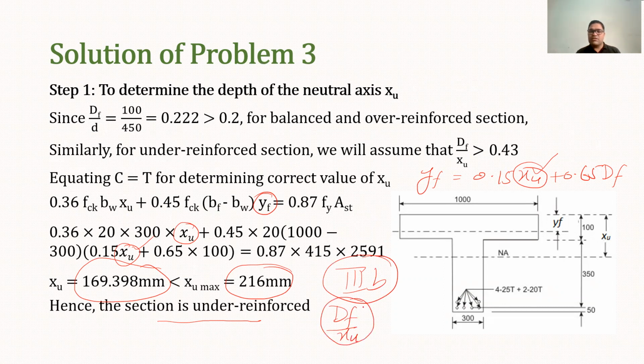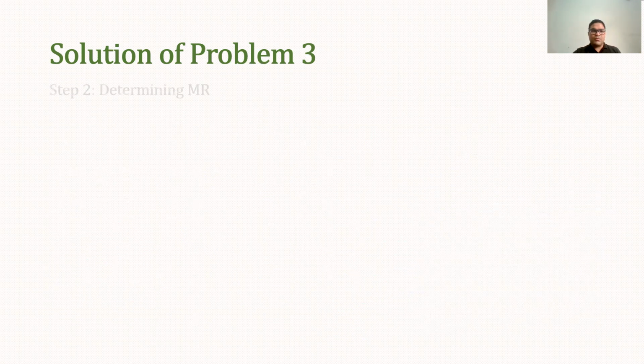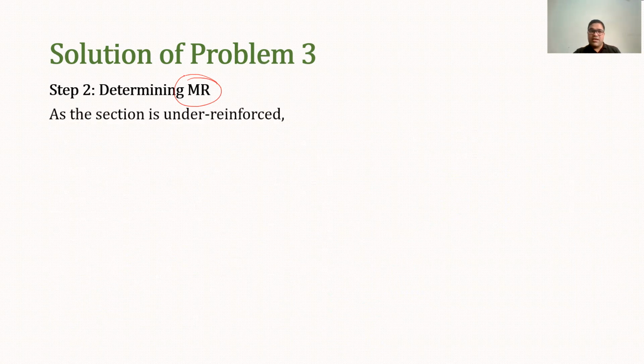Because initially we have assumed that, now we will actually find out the DF by XU ratio because the value of XU is known here. So now our next step is to determine MR, because we know what the case is. At least we know that it belongs to case 3. Now is it case 3A or B?